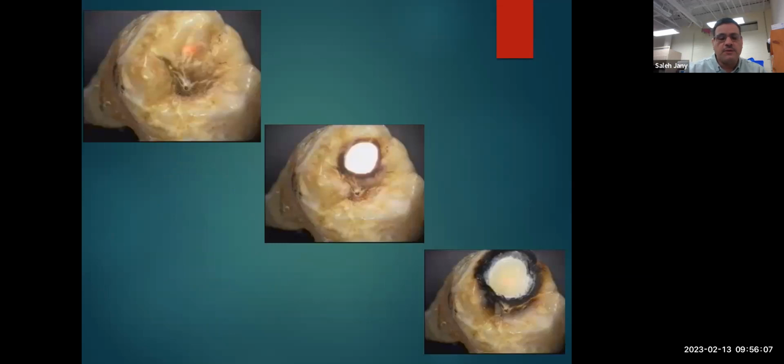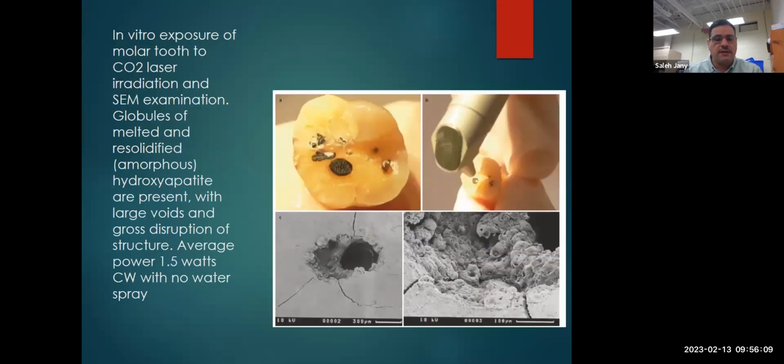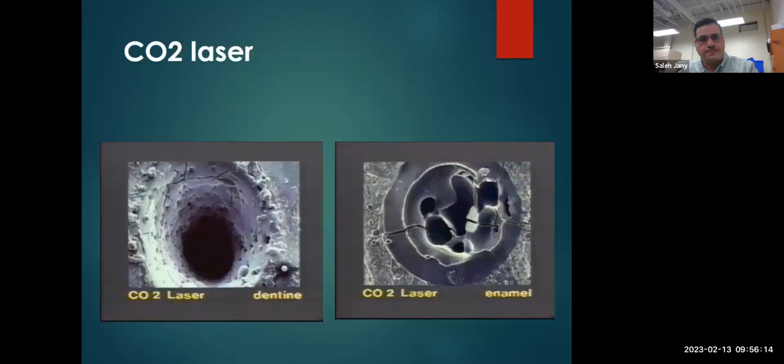And most of the lasers we use have pulse. So they have different lasers, different energy levels and different pulse times. That's the CO2 laser. See the difference between dentin and enamel. Dentin will be damaged more. Why do you think dentin has more damage from CO2 laser?